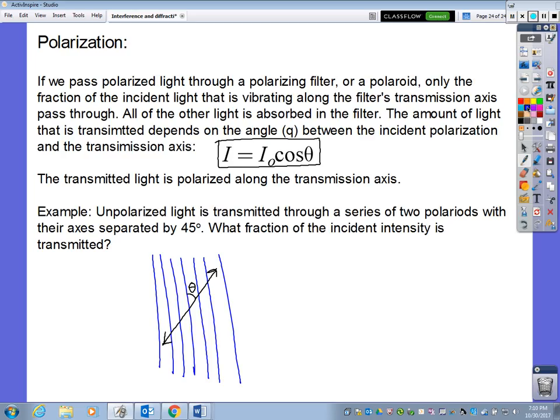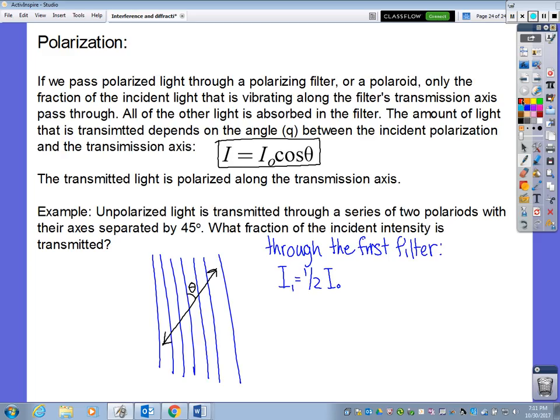And from the last slide, we know, we'll call this I1, through the first filter, if you can read that, the intensity, I'll call it I1, is 1/2 of the incident intensity.